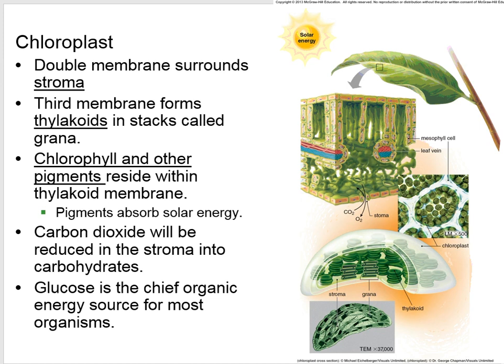Pay special attention to wording here. Stroma is the gel inside the chloroplast. Stoma, we talked about in a previous slide, is the pore. It's unfortunate those words are so similar, but pay special attention to stoma versus stroma. They are very different things.